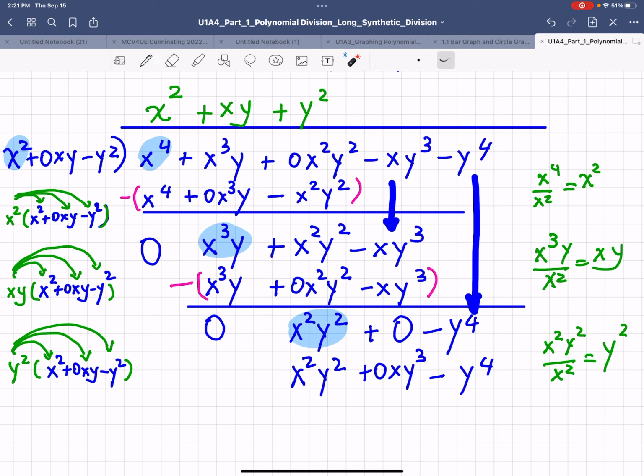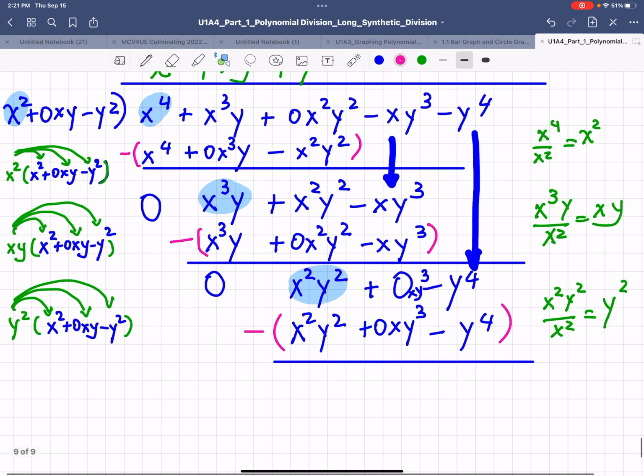So remember that this 0 in here is a 0xy cubed, so the terms are listed in order here. We're going to draw the line again, and we will subtract whatever we're left with.